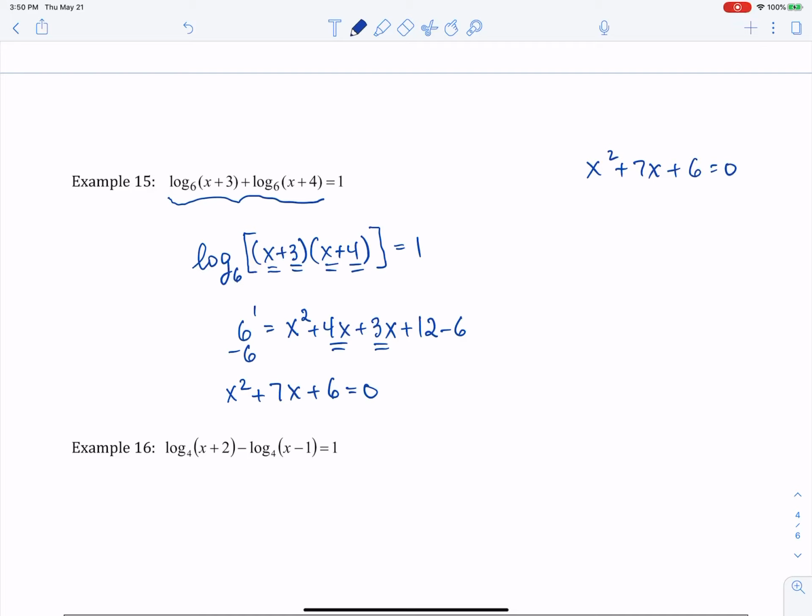Now we're going to use factoring here. It's easy to factor, that's x plus 6 times x plus 1. That means x needs to be either negative 6 or negative 1. Now we need to check. Plug in x to be negative 6.